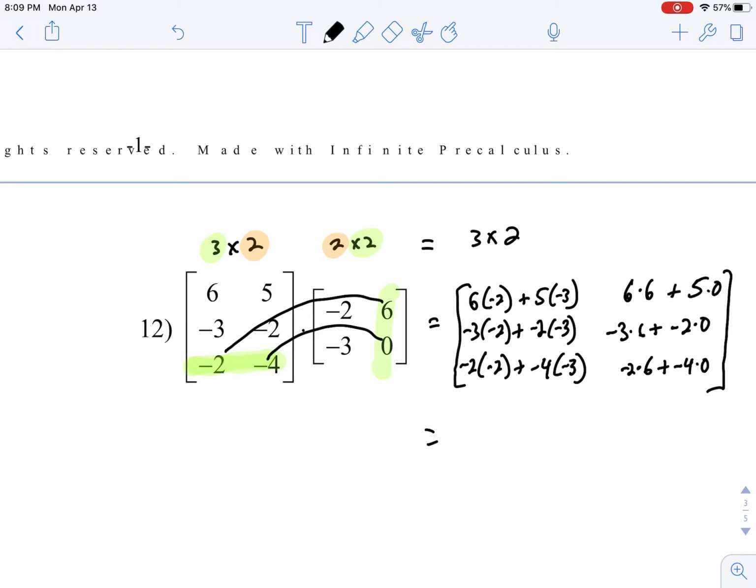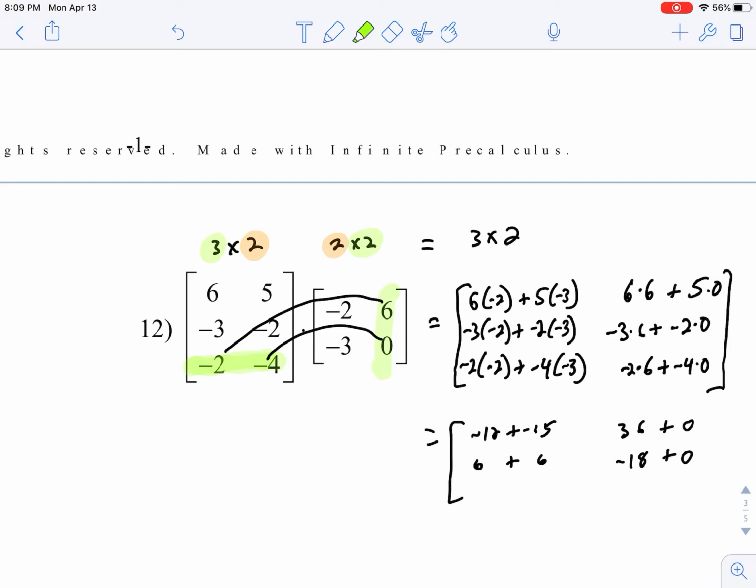Then you need to work this whole mess out. So up here we're going to have -12 plus -15, 36 plus 0, 6 plus 6, -18 plus 0.